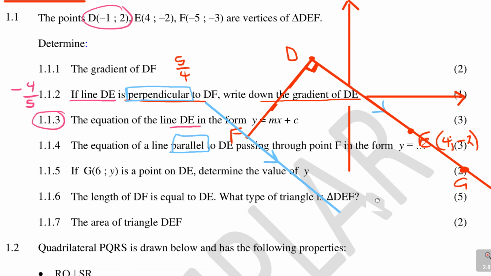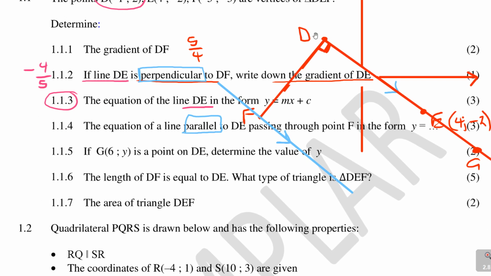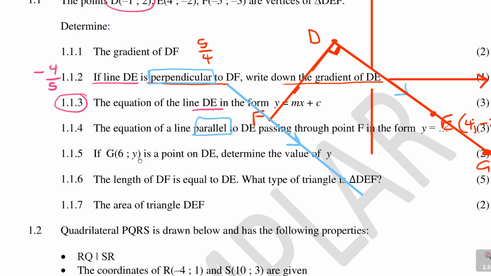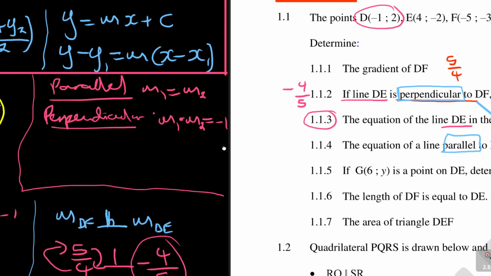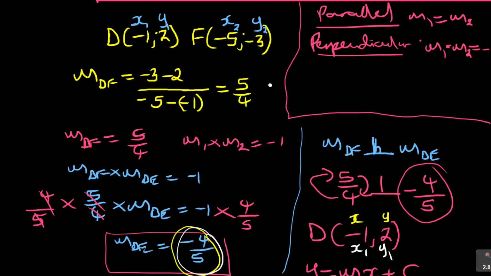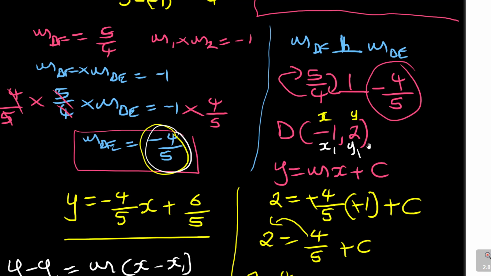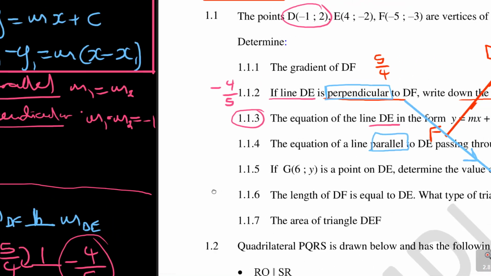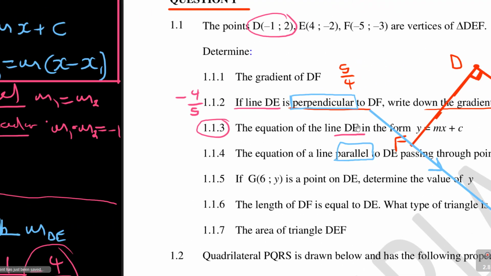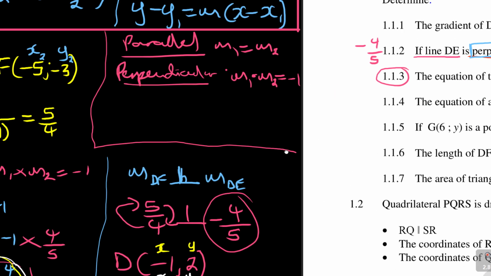What do you do? Remember, you know the equation of DE. Let's go to the equation of DE. Question 1.1.3 says the equation of the line DE in this form.